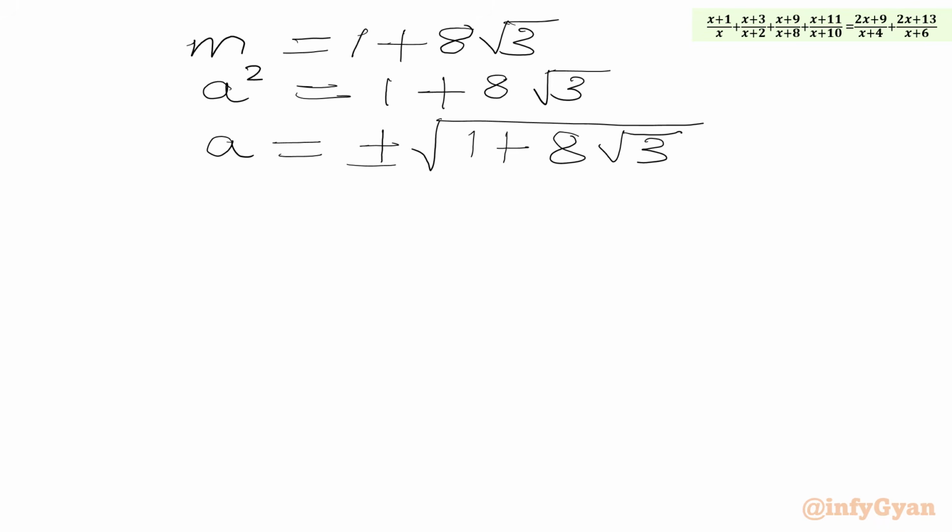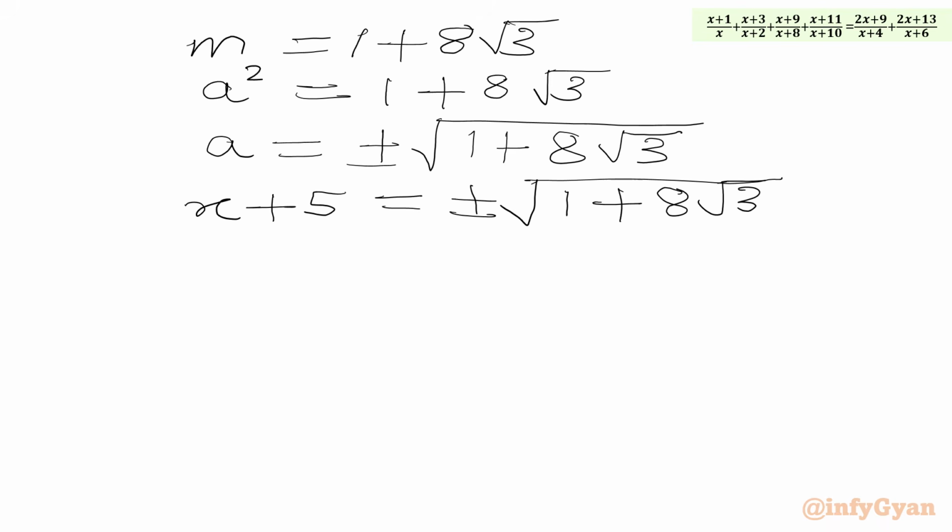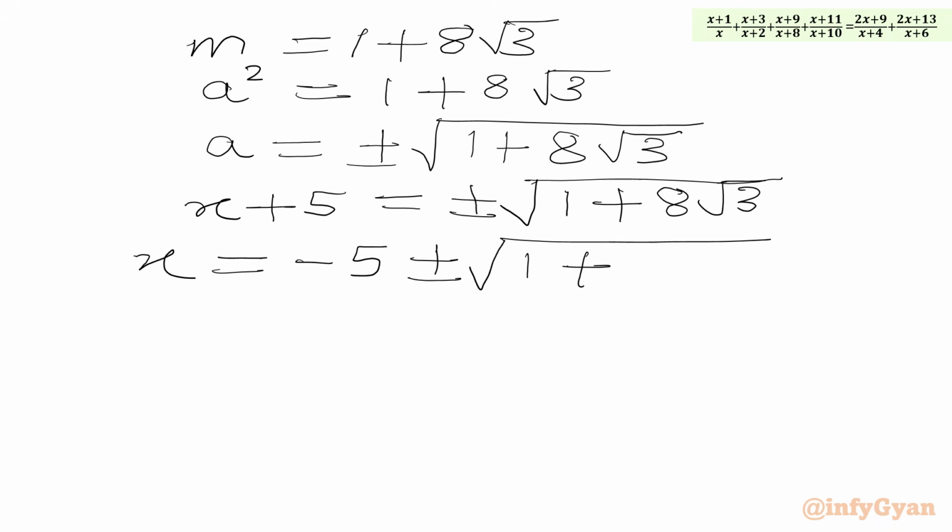Now a was x plus 5. So we will write here x plus 5 equal to plus minus square root of 1 plus 8 square root 3. So x will be equal to minus 5 plus minus square root of 1 plus 8 square root 3.